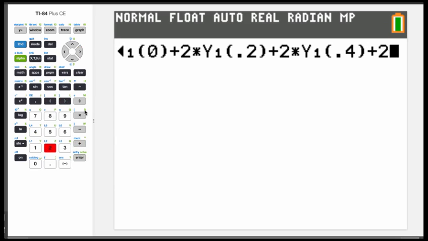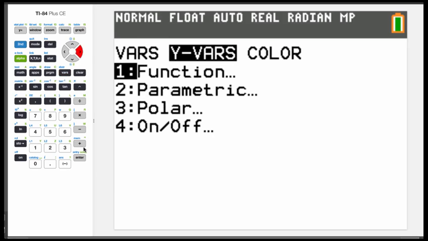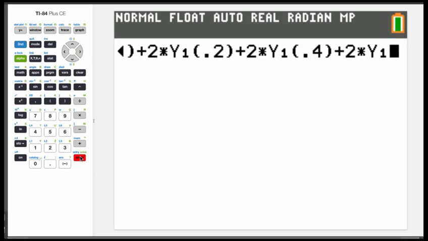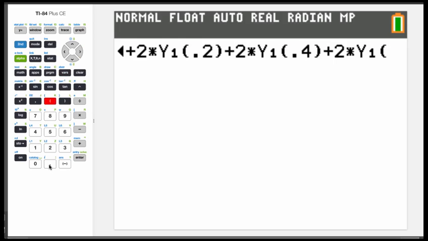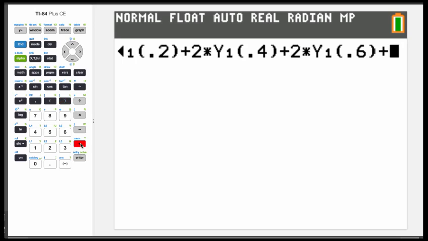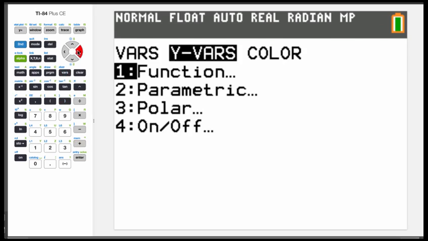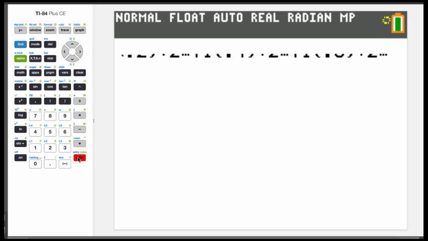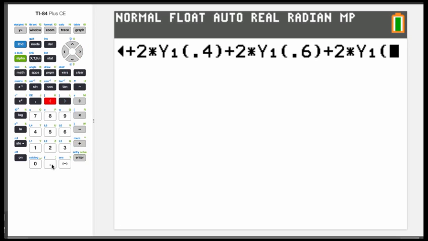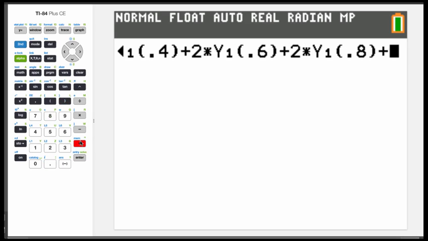Plus 2 times the function value at 0.6, plus 2 times the function value at 0.8, and finally the function value at the end at 1.